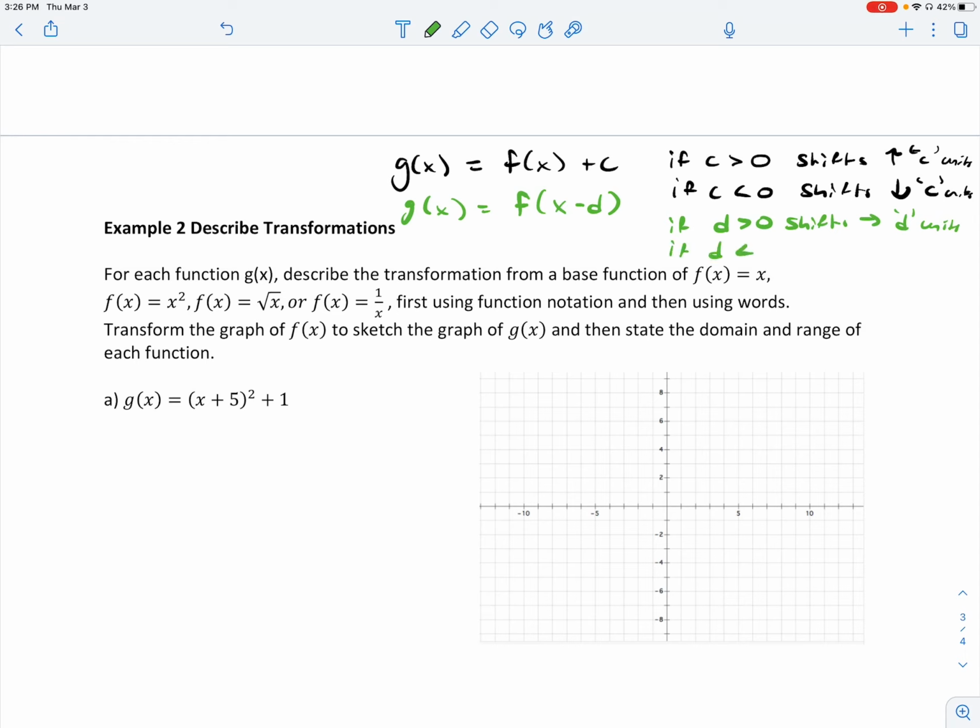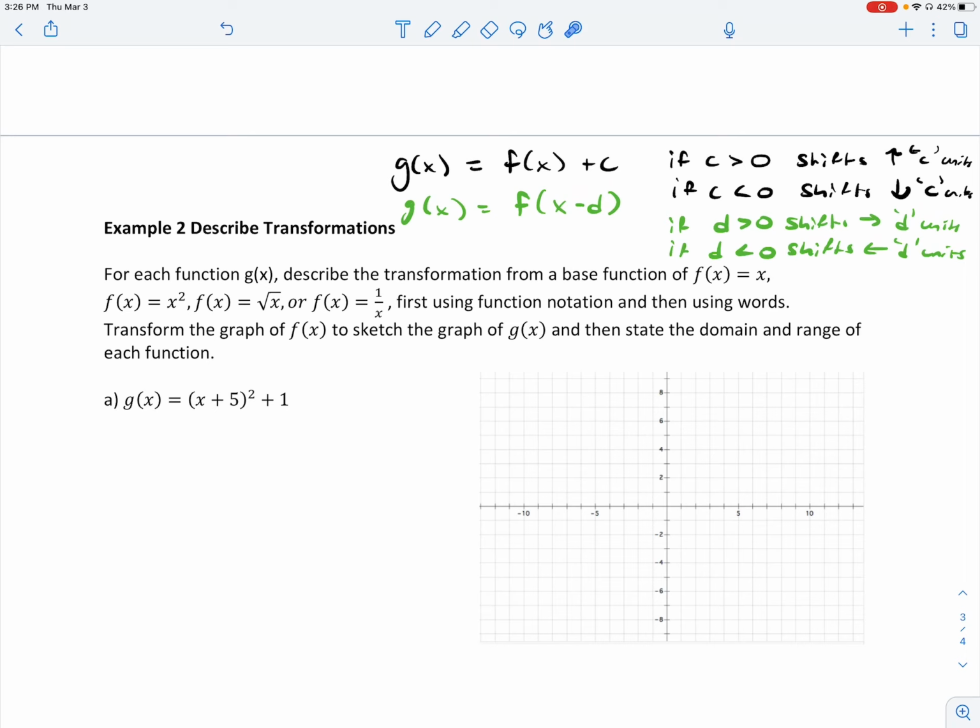If d is less than 0, it shifts left d units. When this says if d is less than 0, d would have to be like negative 1. If you plug negative 1 in, you're going to have x minus negative 1, and this is going to show up as x plus 1. So remember, this d is always the opposite of how it's going to look inside of the brackets.